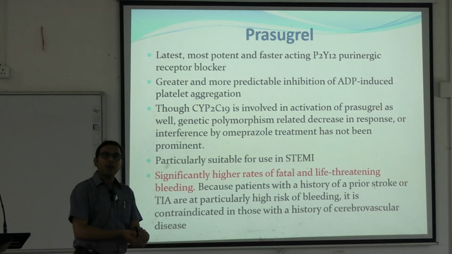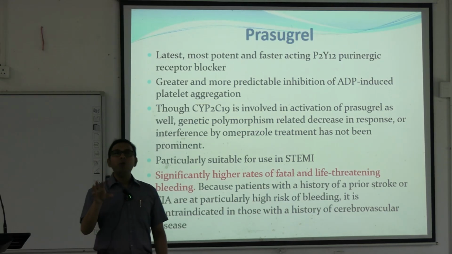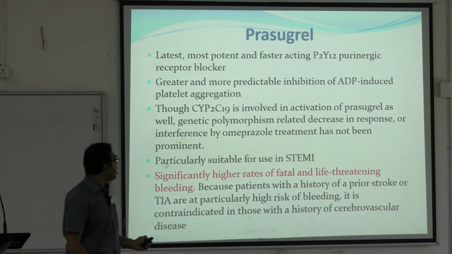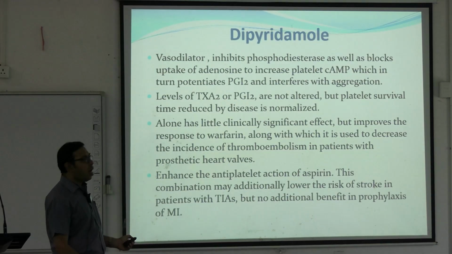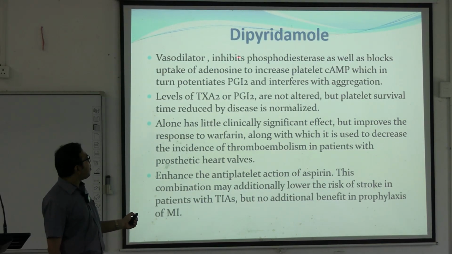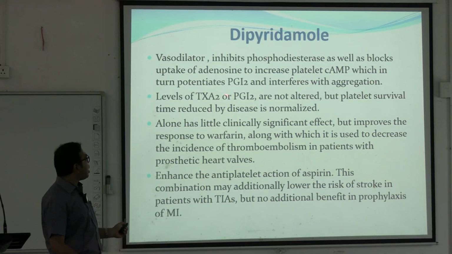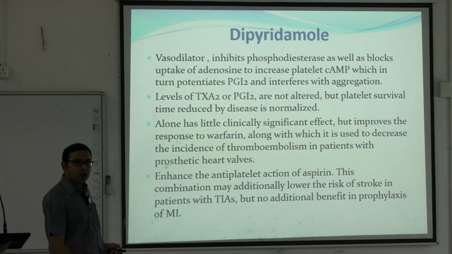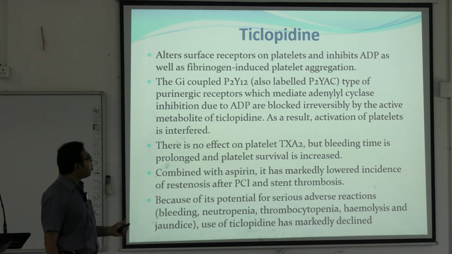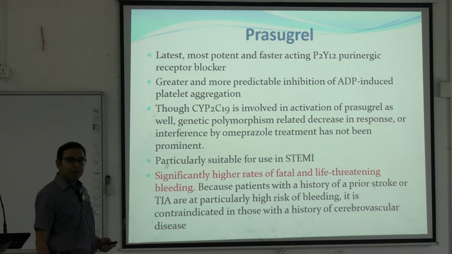So already we have seen there are different types of purinergic receptor blockers. You can see these are the purinergic receptor blockers. After aspirin, there is dipyridamole, which blocks the uptake of adenosine. Apart from this, ticlopidine, clopidogrel and prasugrel.